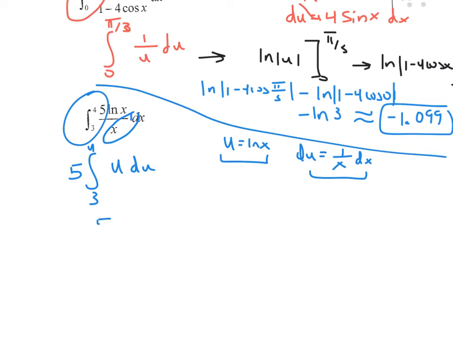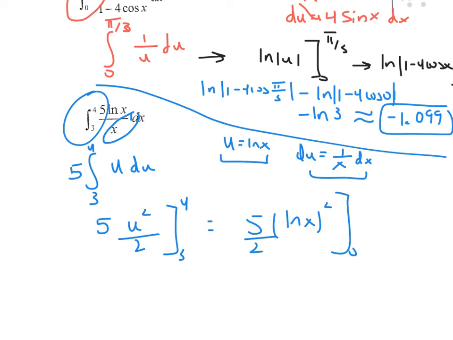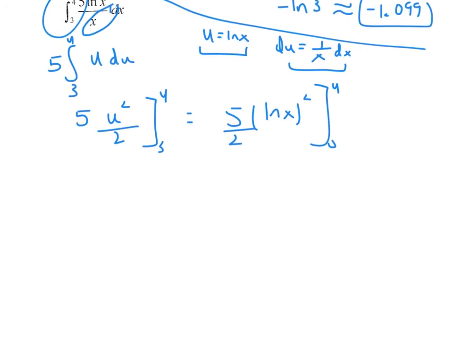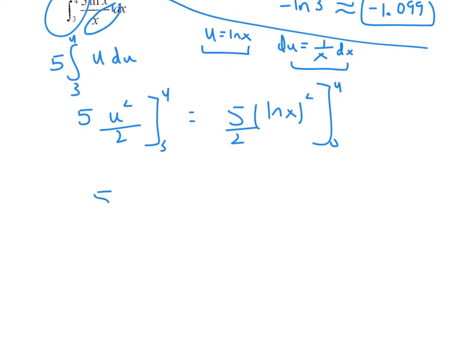But then when you integrate, you get 5 u squared over 2 between 3 and 4, which means it's really 5 times ln of x squared over 2. You can write it like that instead if that's easier. Between 3 and 4. And then when you plug it into your calculator, or you can see how it looks by hand, first it's 5 ln of 4 all squared over 2 minus 5 over 2 ln of 3 squared.